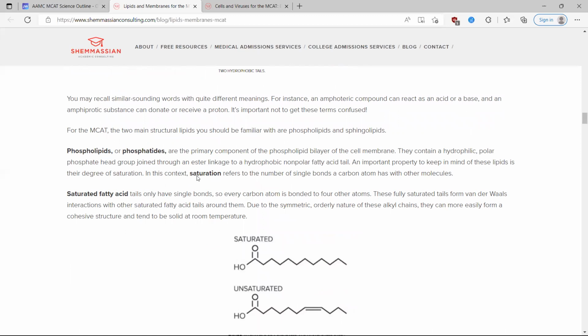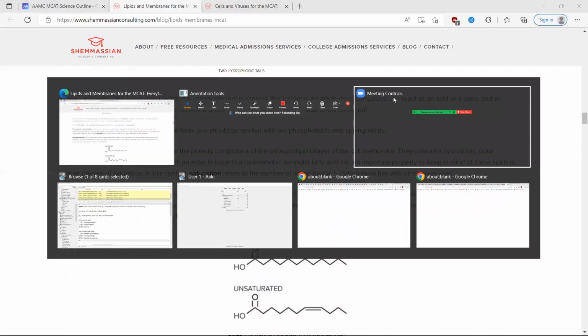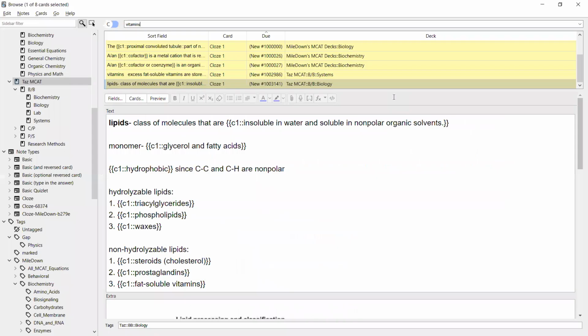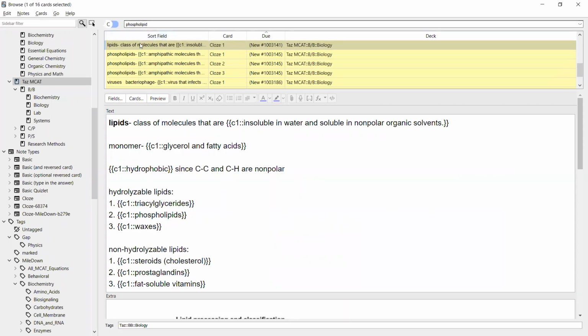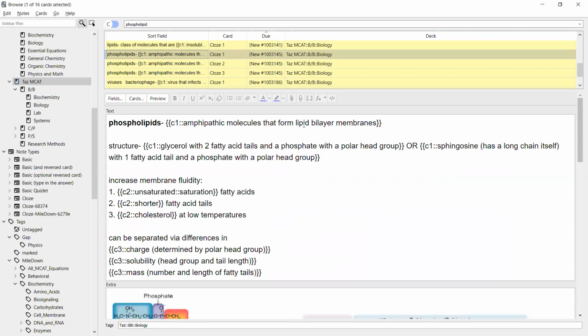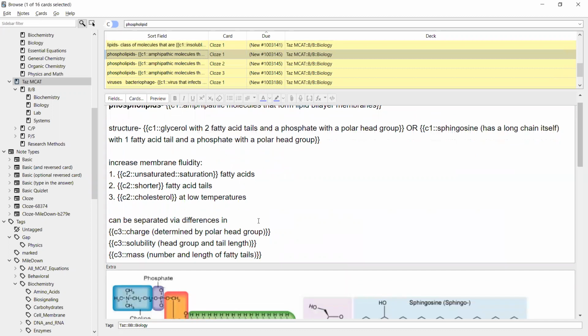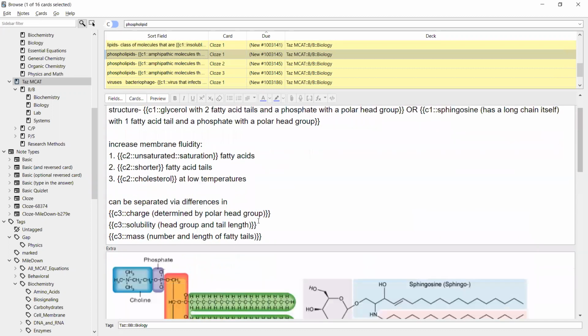And you've probably heard of a phospholipid in biology. Phospholipids are incredibly important because they inform so much about our cell behavior. Phospholipids are amphipathic molecules that form lipid bilayer membranes.